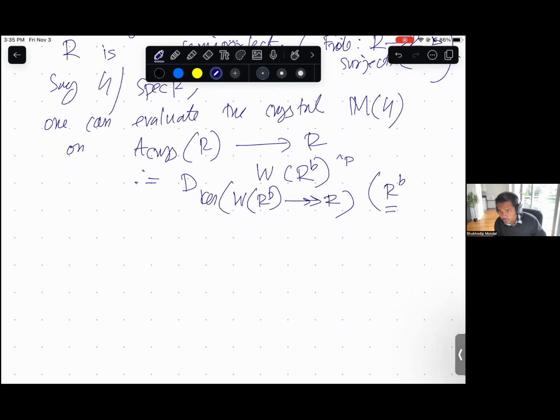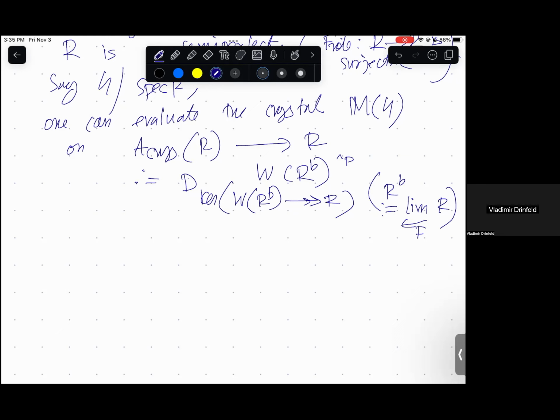And I think maybe the universal property is simpler to think about, as some universal divided power thickening. So I think the main point, if you wish, the definition of A_crys is the following.